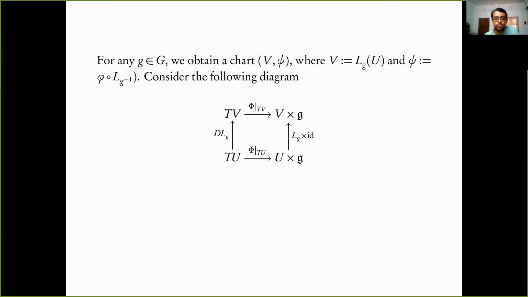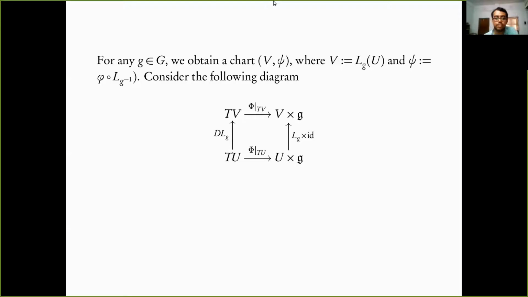So if we could show that this diagram is actually commutative, let's assume that for the moment, then what would we get? Well, you realize that the lower horizontal arrow is a diffeomorphism. We just proved it, right? What about the upper one?